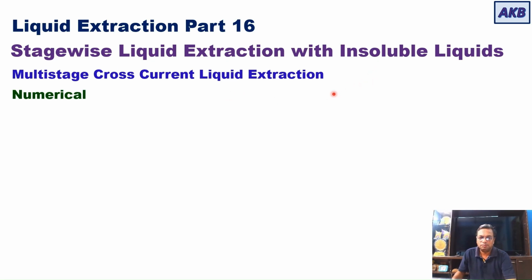What are these insoluble liquids? Let me tell you briefly. So, in the ternary system of three liquids, A, B, and C, the feed solution is A plus C, where C is the solute to be extracted and B is the extracting solvent.